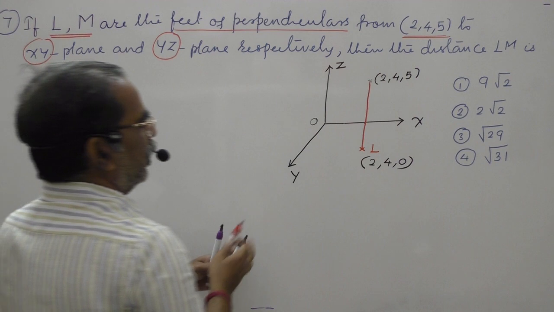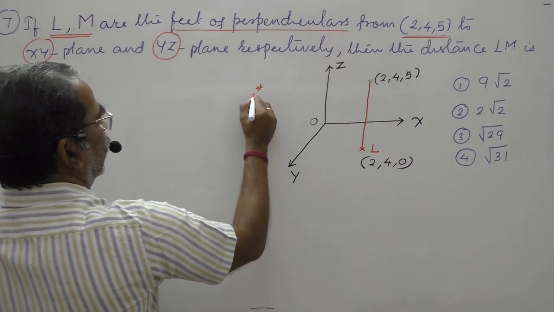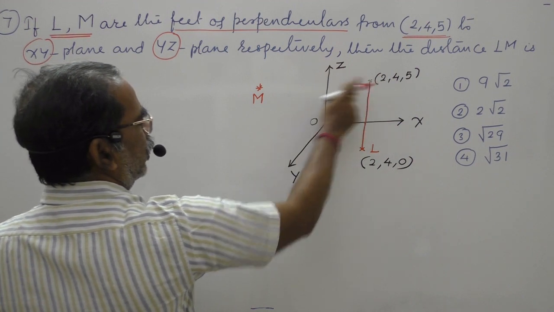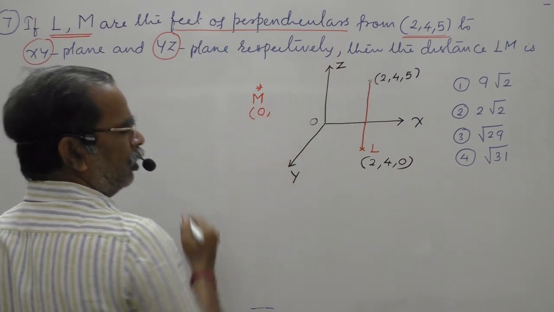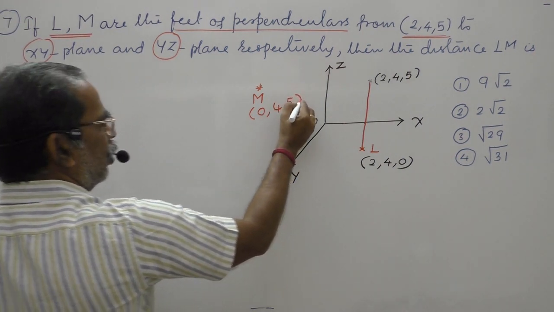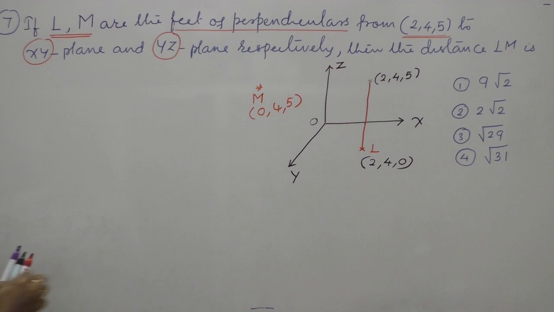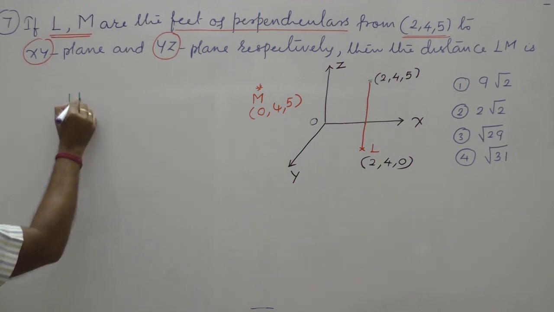In the same way, what is M? M is the foot of perpendicular from the same point to the YZ plane. That means the x coordinate will be 0. It will have y and z coordinates. So these are the L and M points. Asked the length LM.